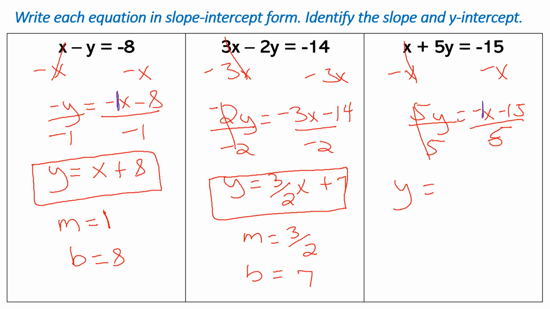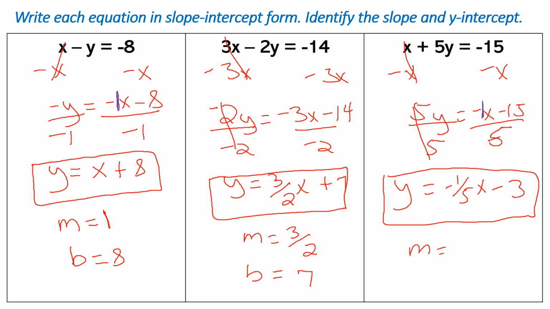When I simplify it, that's going to be negative 1/5 x minus 3. Negative 15 divided by positive 5 is a negative 3. And my slope is negative 1/5, and then my y-intercept is negative 3.